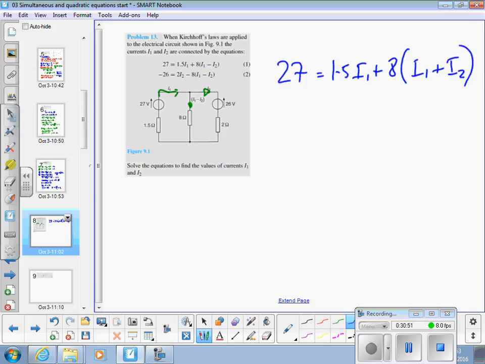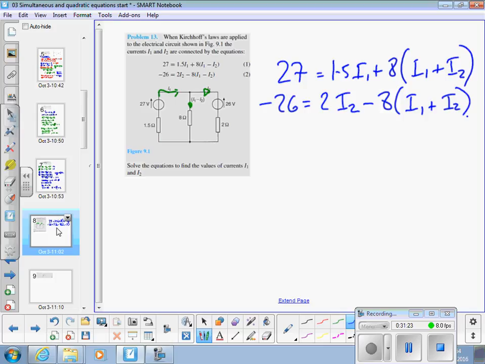This bit comes from the fact that the two currents flowing in the top line here combine together by Kirchhoff's law to become the current flowing down the middle. And we've got a second equation that says minus 26 is equal to 2 times I2 minus 8 times (I1 plus I2).